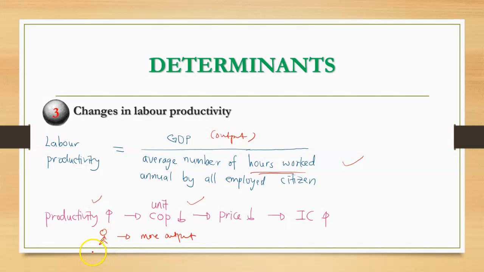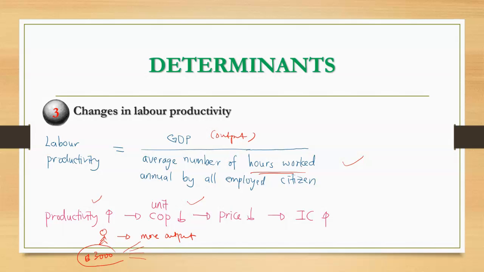But these workers' salary, whether they are producing 2,000 units or 3,000 units, you are still paying them 3,000 per month, for example. But this 3,000 cost can be distributed to more output. So in that case, your unit cost of production will be lower.